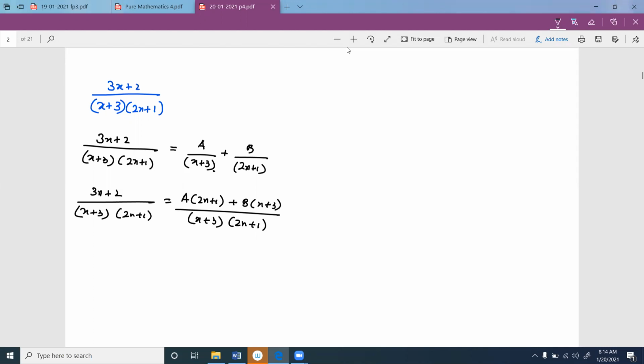If I cover x plus 3, the remaining term is 2x plus 1. So you have to multiply a with 2x plus 1, right? Then if I want to find the other one, what you need to do is cover 2x plus 1 from here. Then if you cover 2x plus 1, the remaining is x plus 3, so multiply b with x plus 3. That is the step. Okay, yes. Then that's how it comes.